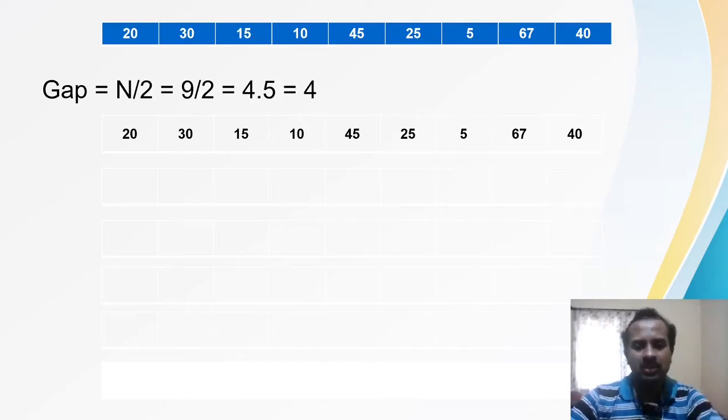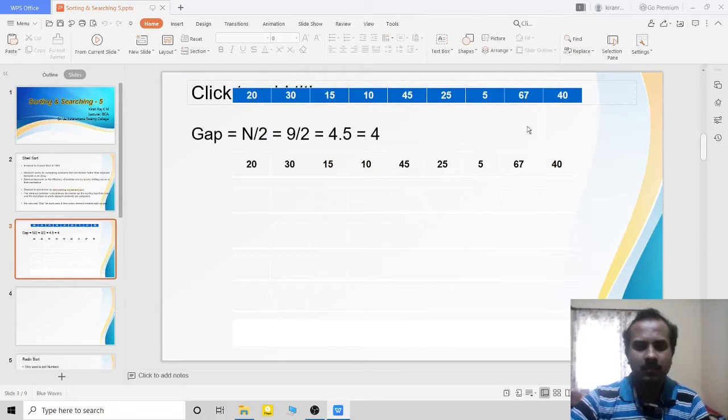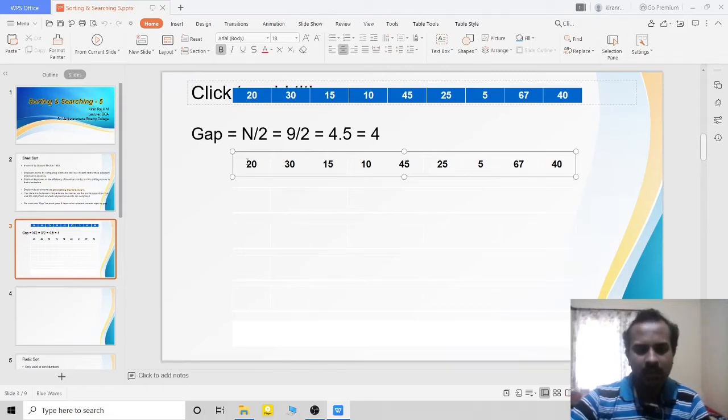Now how to do the shell sort? This is my first element, and what is my gap? Gap is 4. So I'll choose the first element, 20. Then have the gap here: 1, 2, 3, 4.